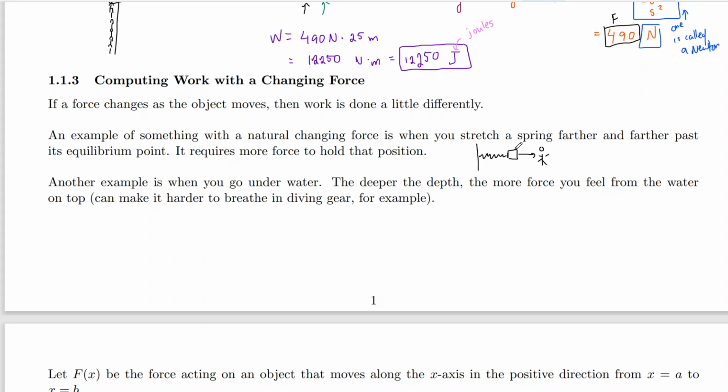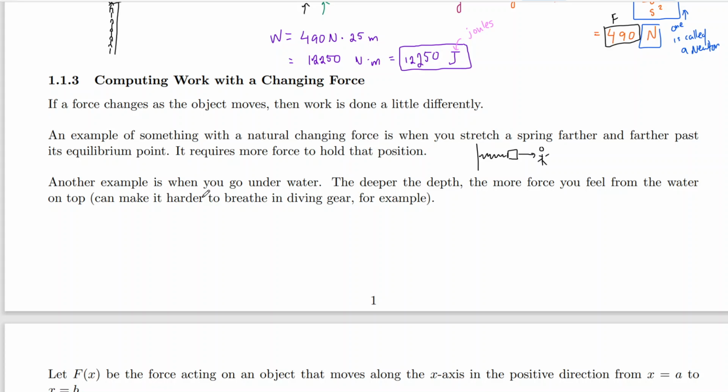That means the force is changing, because in equilibrium it didn't move, but in another position, it did move, which means you applied some force to it because you made it change position.